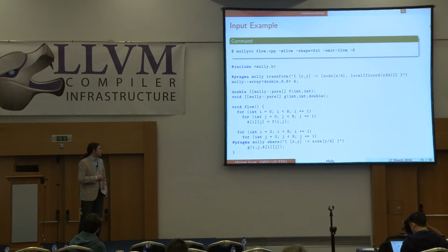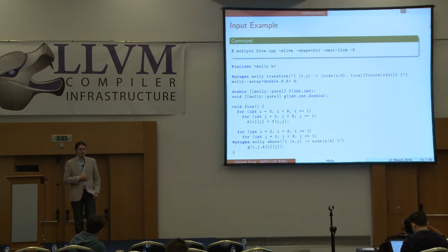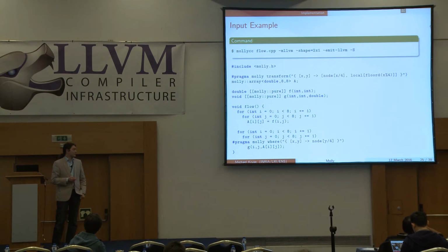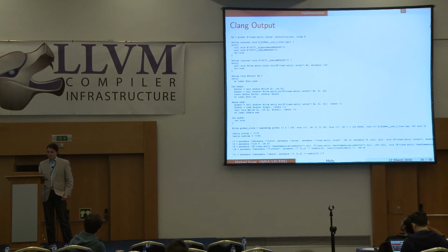I have some functions: F serves as a producer, a generator, G as a consumer, and the pure annotation says that it's valid to execute on whatever node. Otherwise, it would not try to touch it at all and just execute it on all the nodes.